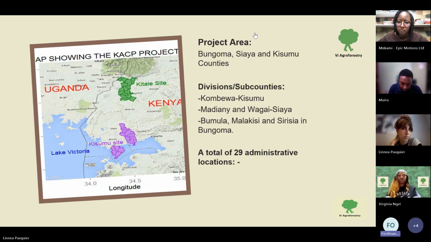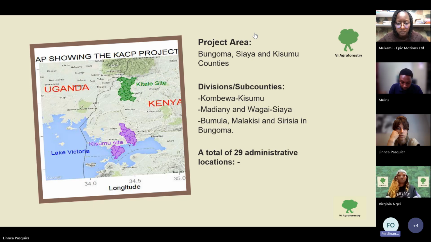For the KACP project, we have it in Bungoma, Siaya, and Kisumu, and you can see there we've just indicated in which parts they are. Ideally, it's grouped into two regions, Kisumu and Bungoma.